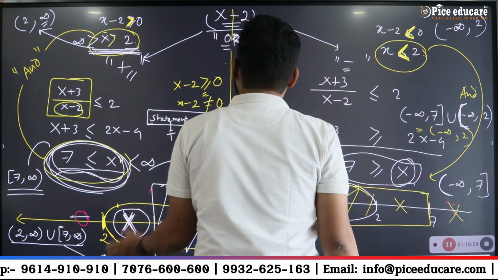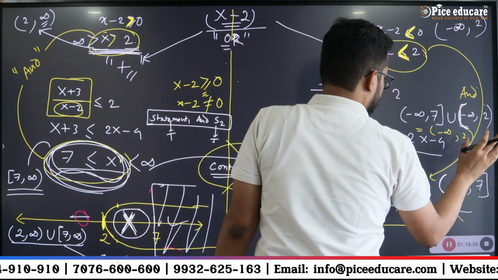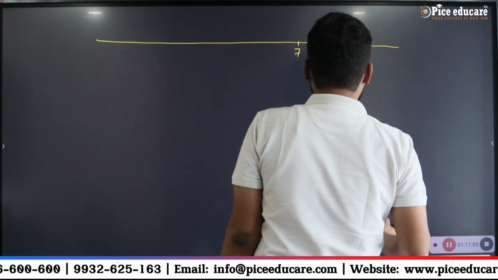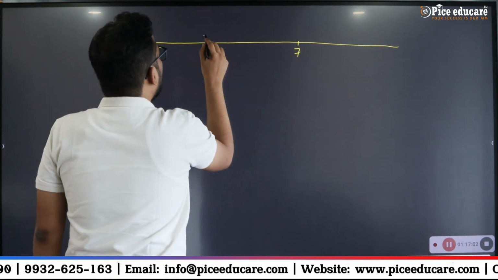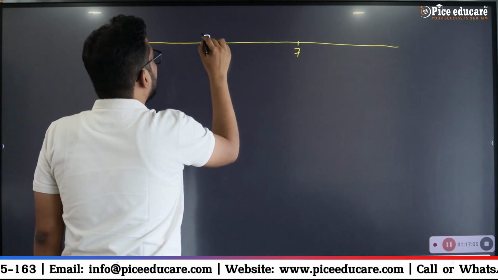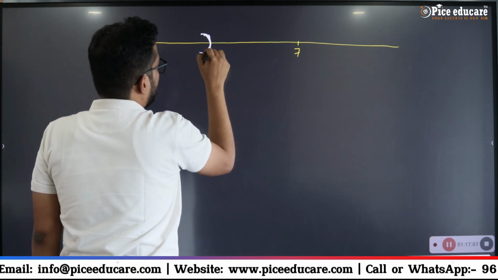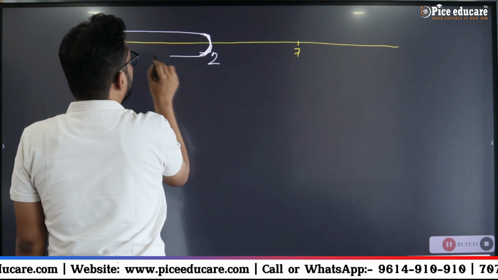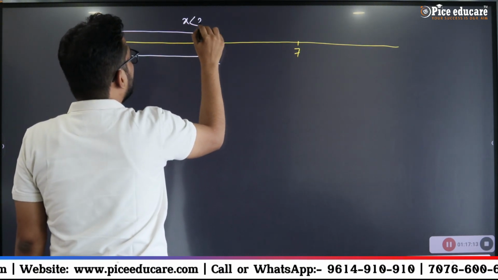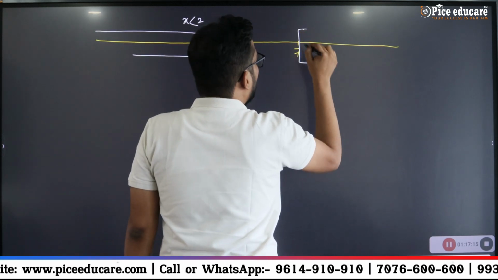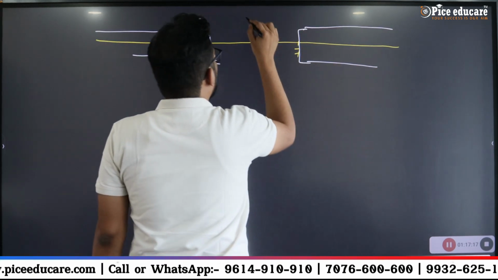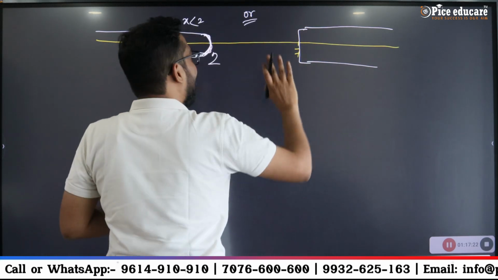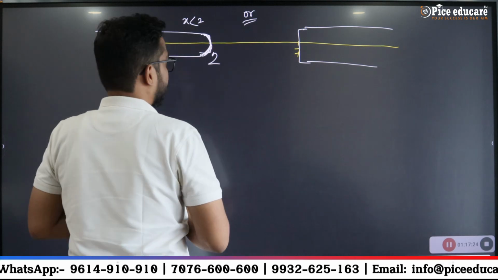This is the zone, or this is the zone. So this minus infinity to 2 is not present, so it is less than 2, or 7 or bigger than 7. So there is this "or" in between. So x can be either this or this.